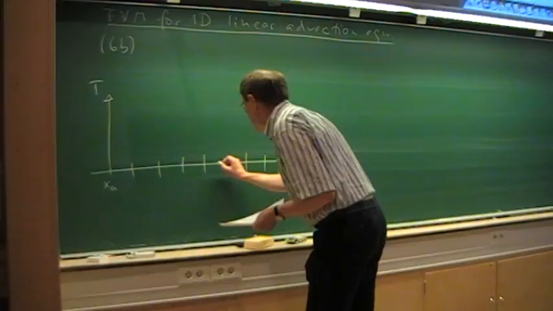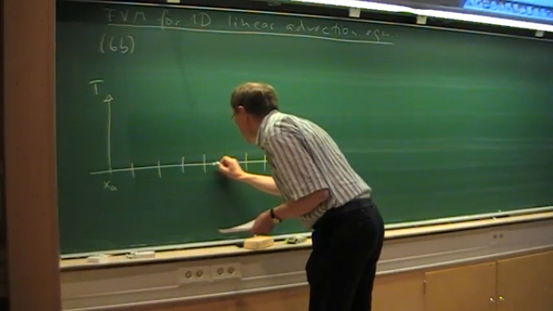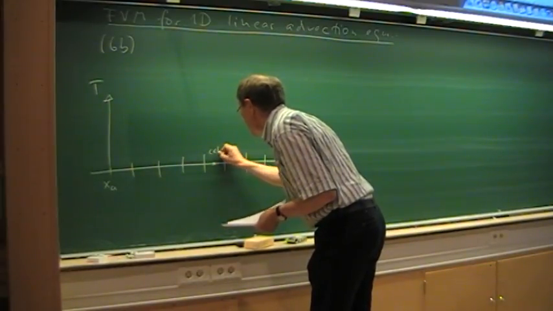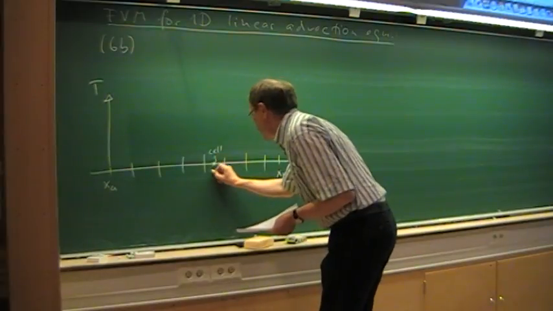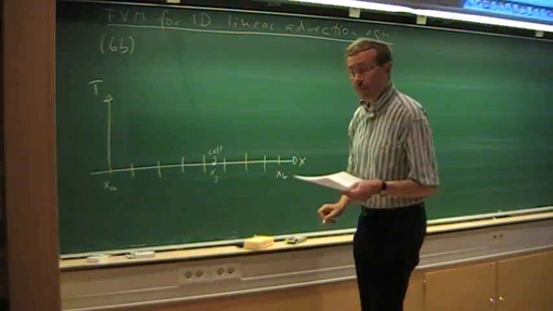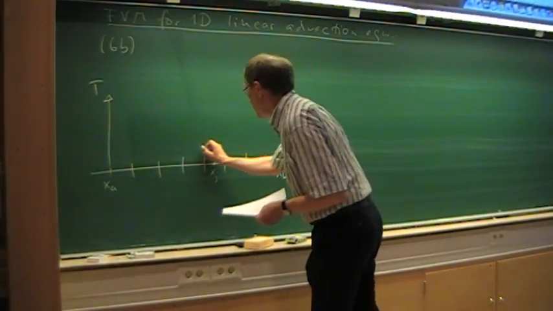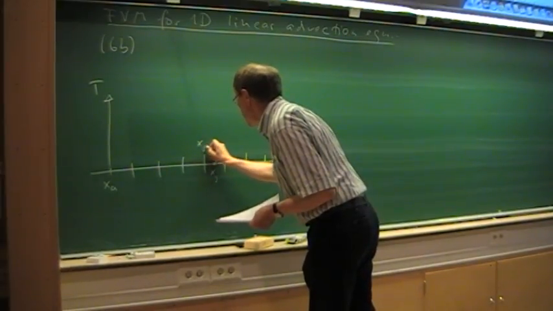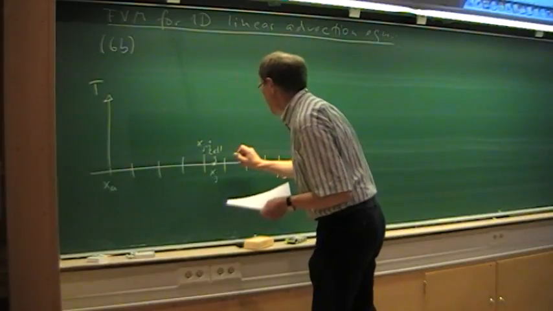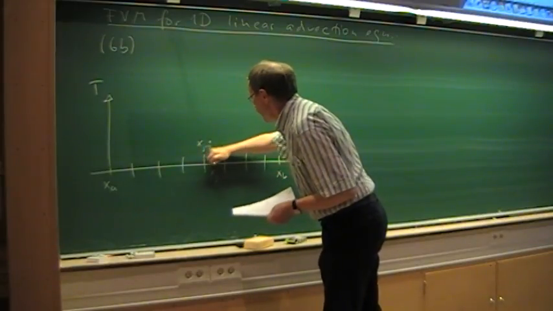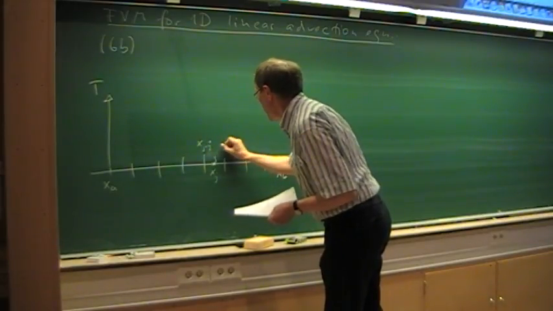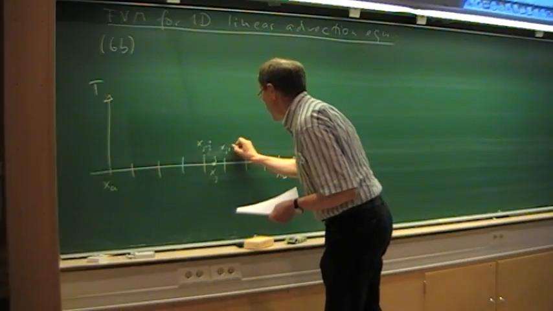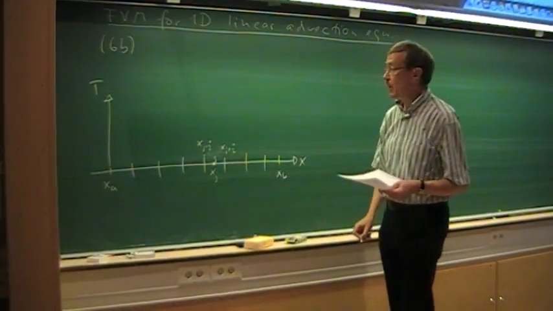And we consider then the control volume j, so that would be the cell j. That would be the midpoint xj, and we denote the faces by xj minus 1/2, that is the left face, and by xj plus 1/2, that is the right face.